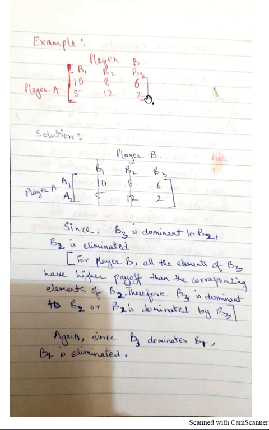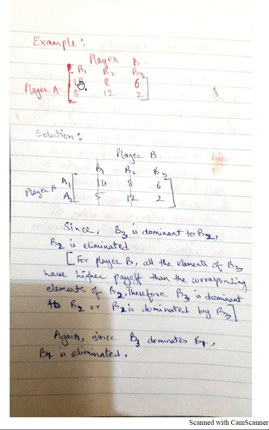As we have already discussed for the two-person zero-sum game, this is the payoff matrix of player A. That is, this matrix gives us the payoff of player A. So what will be the payoffs of player B? We have already discussed that the payoffs of player B will be the exact negative values of these values.